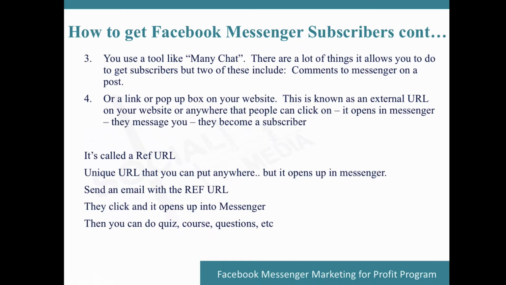So you can send an email out if you want with a link. They click it and it opens up in Messenger. So you can get people to do a quiz through Messenger, or it could be a short video course. It could be some questions that you want them to answer that all open up inside Facebook Messenger.